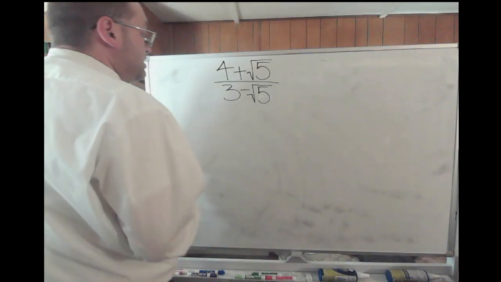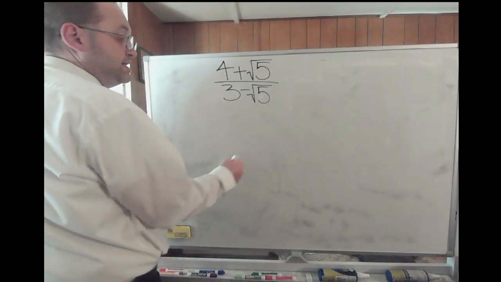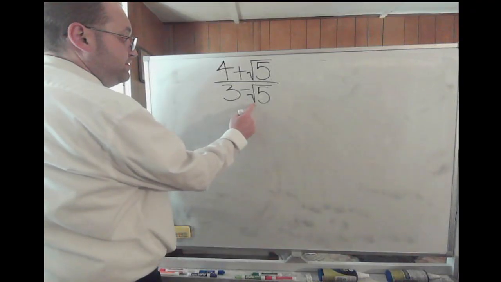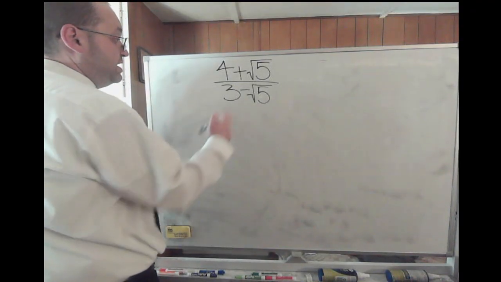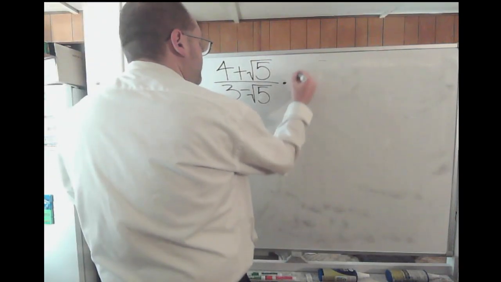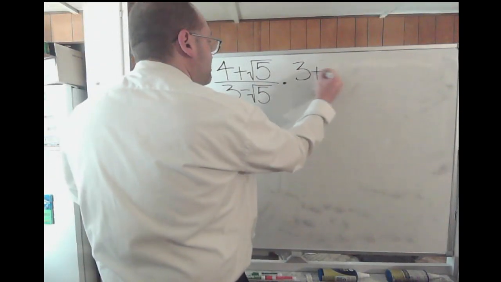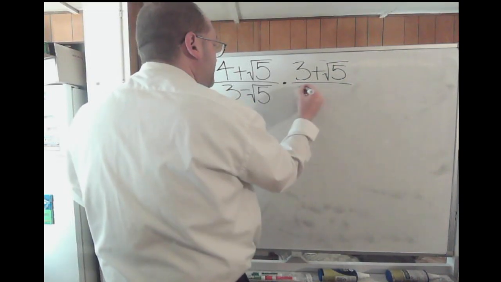Well, you're still going to have to multiply the numerator and denominator by the conjugate of the denominator in order to get rid of the square root. So the conjugate of 3 minus the square root of 5 would be 3 plus the square root of 5. You'll multiply both numerator and denominator by 3 plus square root of 5.